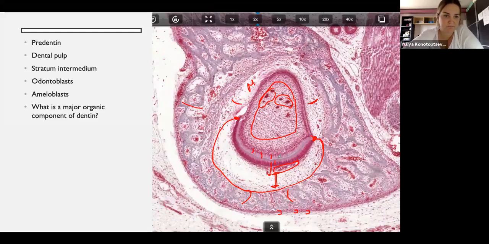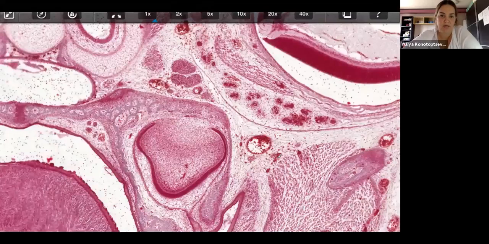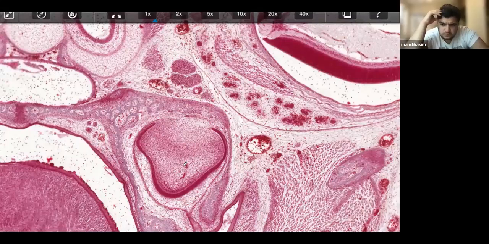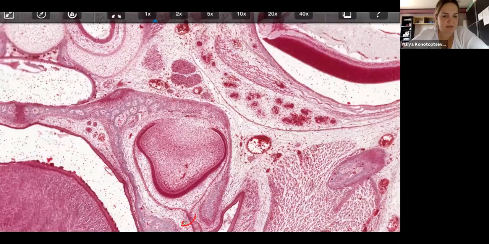Okay, which stage? Cap. Are you sure? Because there is the dental lamina. Very good. Dental lamina is present.